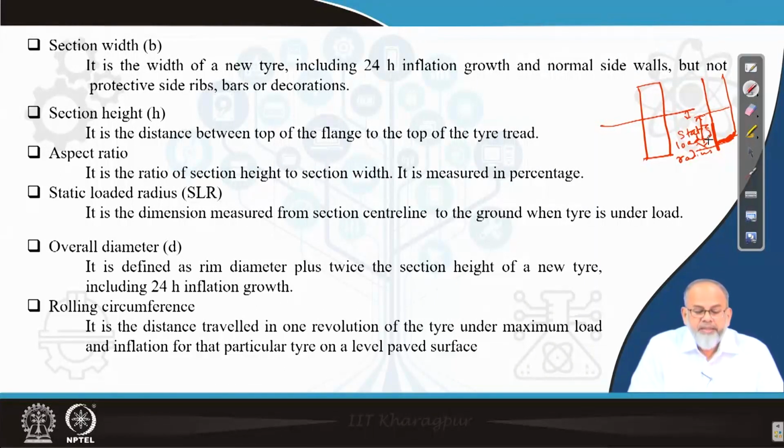Now overall diameter is defined as the rim diameter plus twice the section height of a new tyre, including 24-hour inflation growth. Rolling circumference is the distance travelled in one revolution of the tyre under maximum load and inflation pressure for that particular tyre on a level paved surface, that is, on a hard surface.